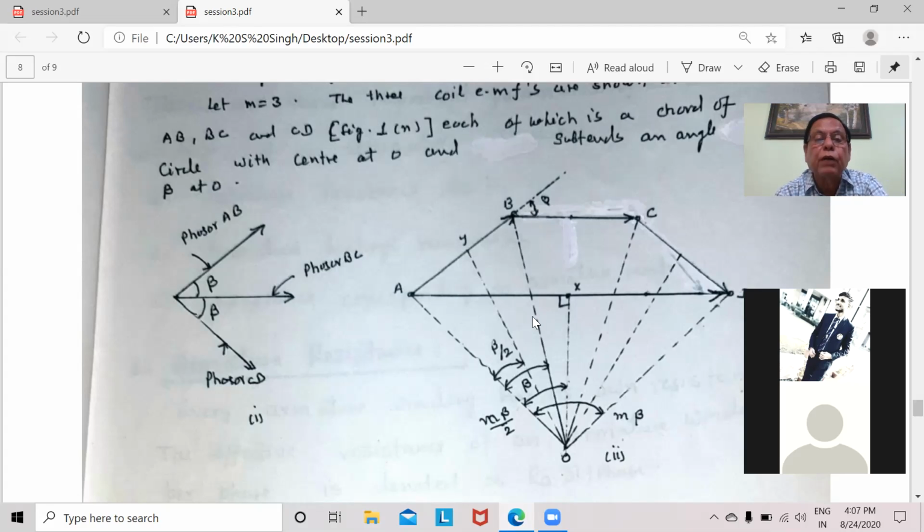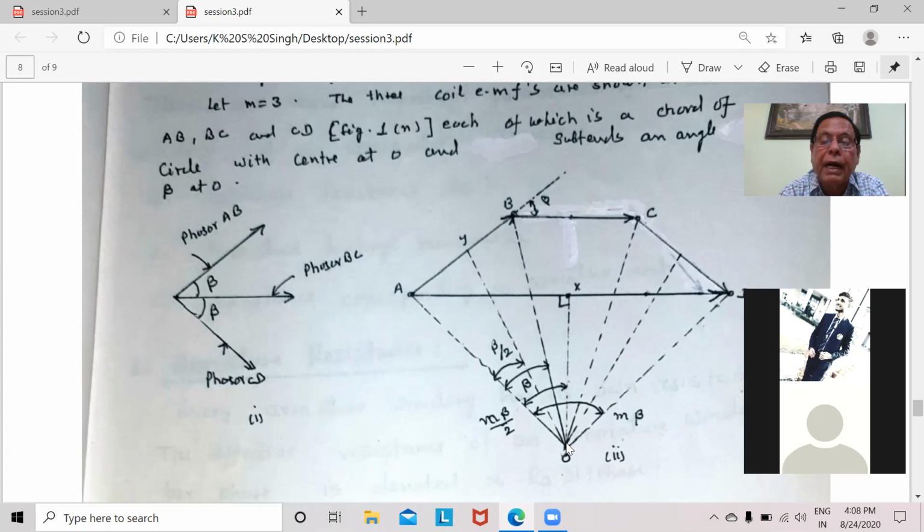Now how will we calculate the value of Kd? The resultant EMF induced is AD. These are the chords of the circle: AB, BC and CD. If you draw a circle taking center as O, all the points A, B, C, D will lie on the periphery of the circle.